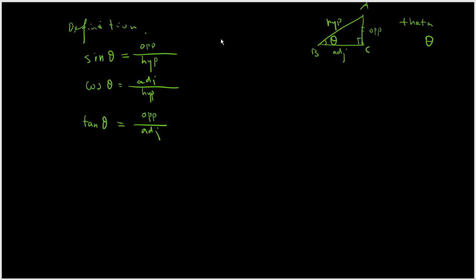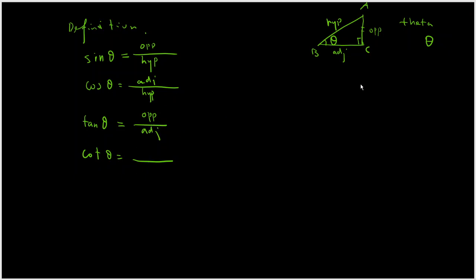And then three more you need to remember. Cotangent of theta is defined as, remember that cotangent is kind of the reciprocal of tan. From tan, you switch the numerator and the denominator.